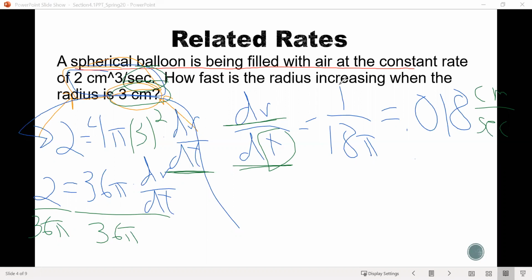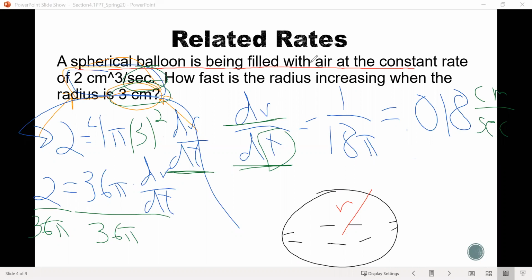Now, to put that in context again, what does that mean? Well, it means at the moment when the radius of the sphere, and I'll draw the sphere back in here, is 3 centimeters as it's filling up, the length of the radius is changing at a rate of 0.018 centimeters per second. Now you may be asking, well, shouldn't it always be changing at that rate?